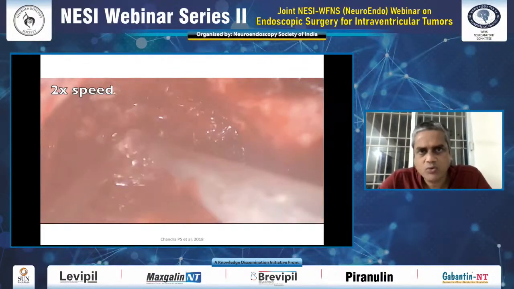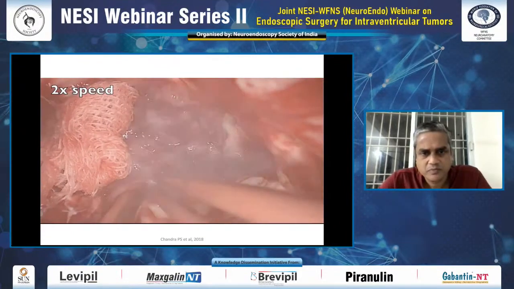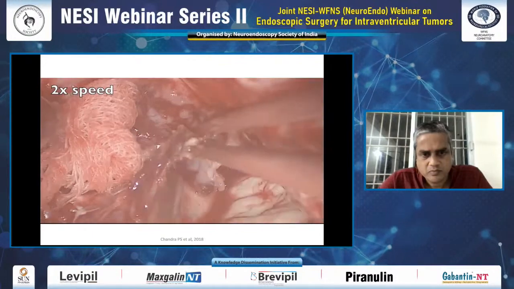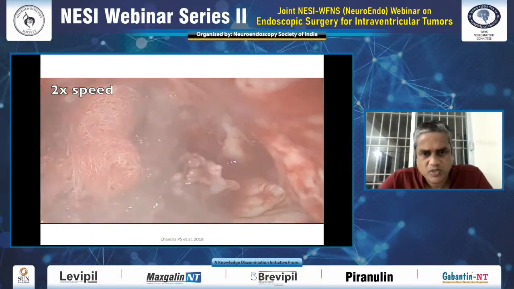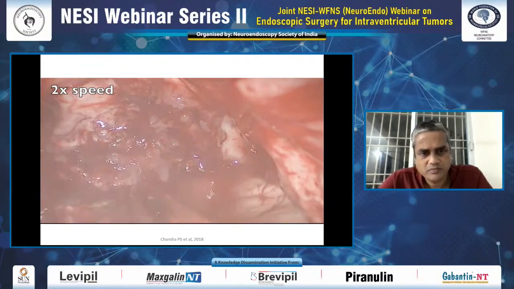It's surprising how one can actually access large tumors using this technique. So that's the attachment of the meningioma, which has been taken away.